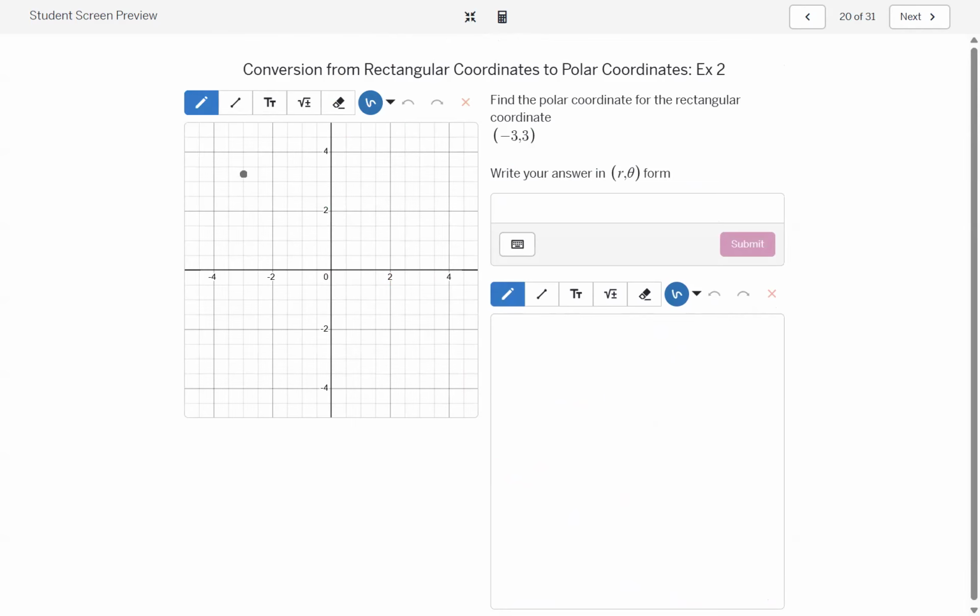So left 3 and then up 3. So we're going to start with our theta formula.